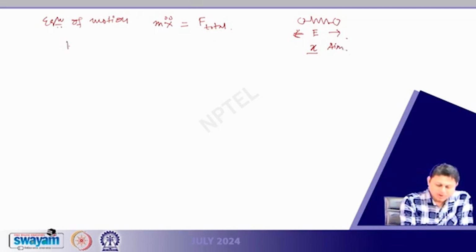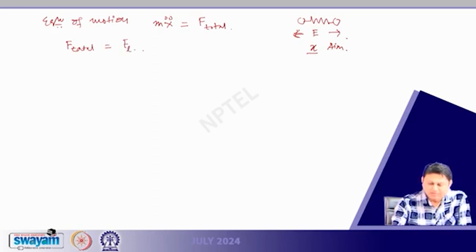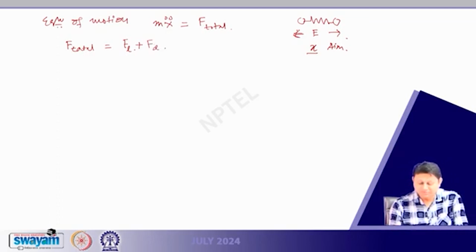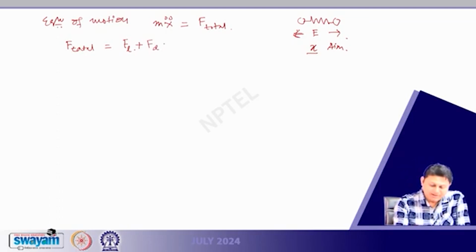So, what is the value of total force we have? In total force, we have three different forces. One is the external force that is coming through the electric field. Then we have the damping force. We consider the spring mass system, so we can also consider some sort of damping, and another is the restoring force.